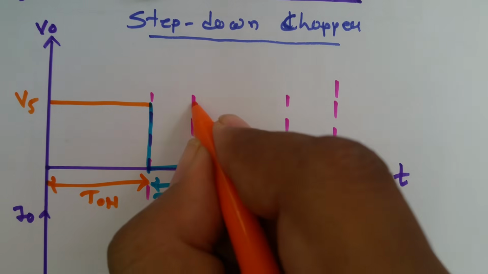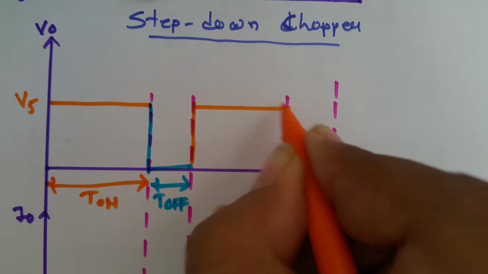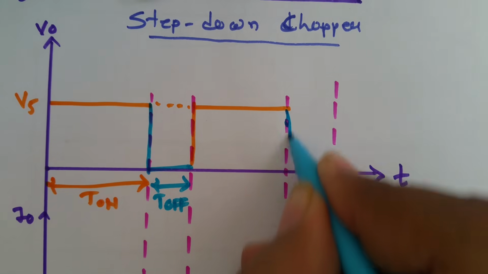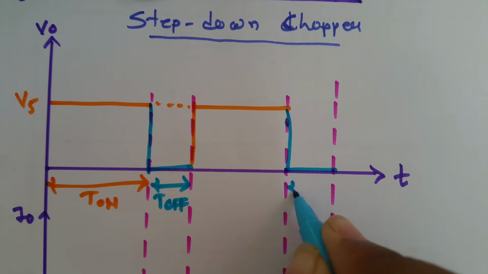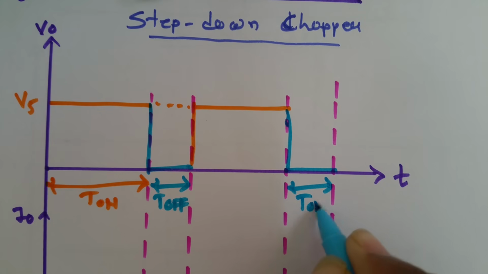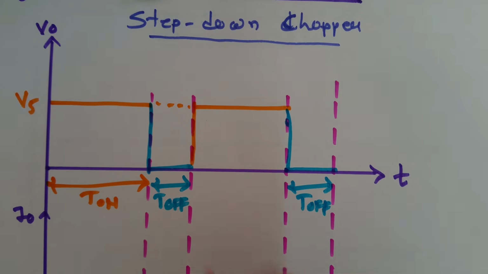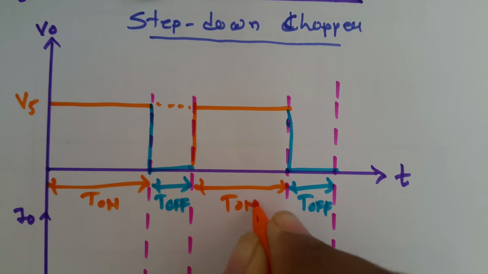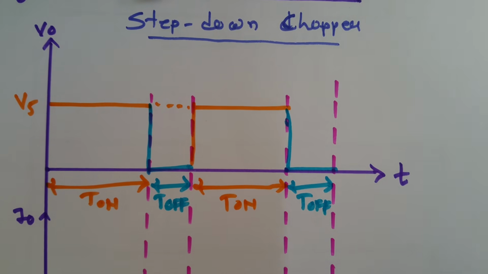So that is how the output is. During T on output is Vs, and during T off output voltage is 0. This is how voltage is there at the output side when the switch is on and when the switch is off.